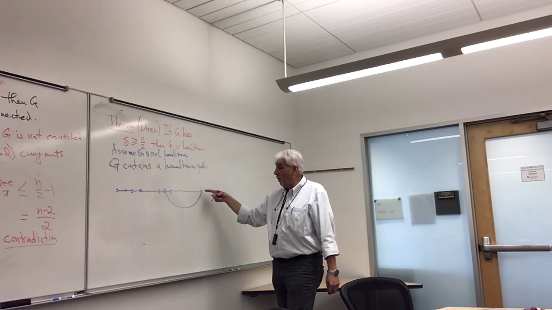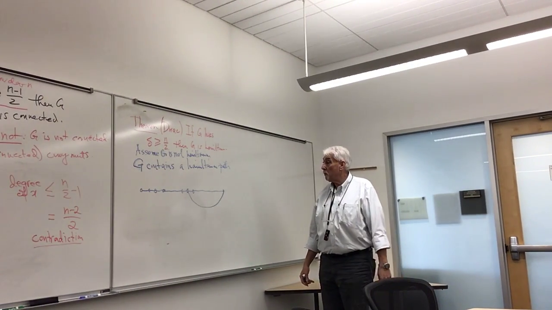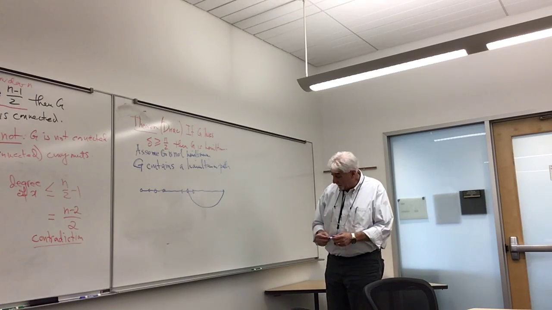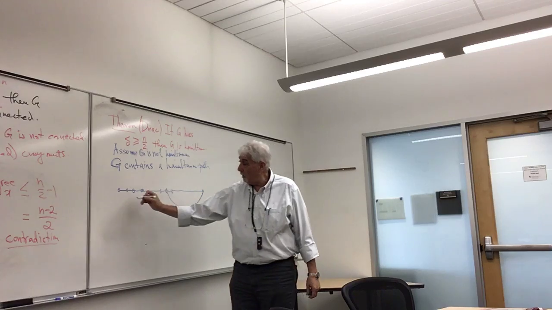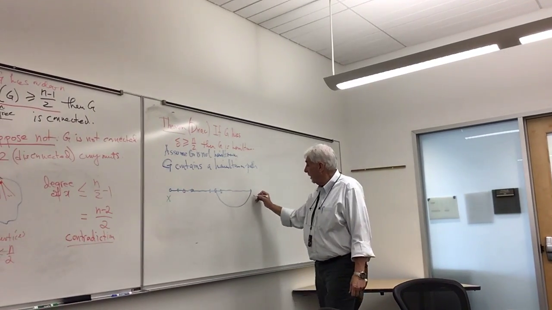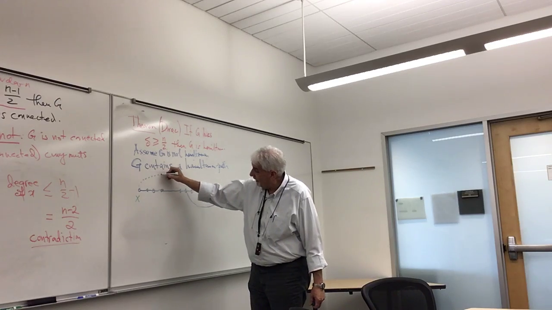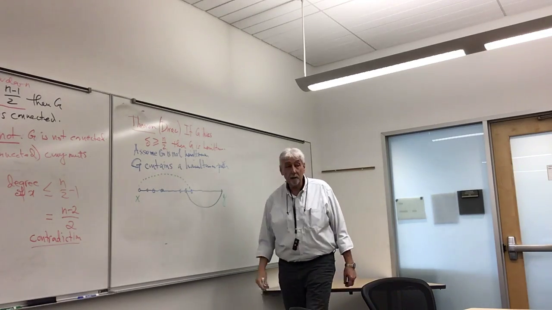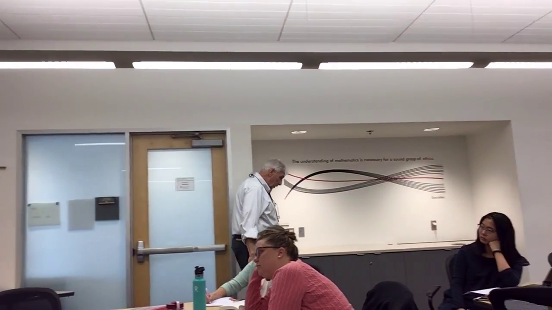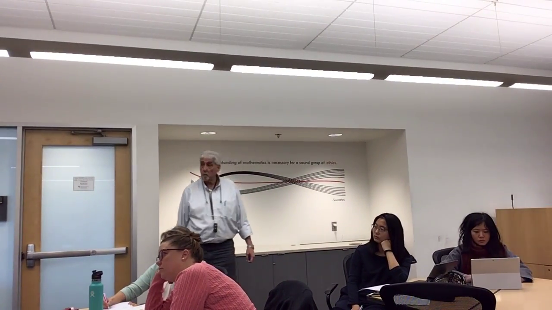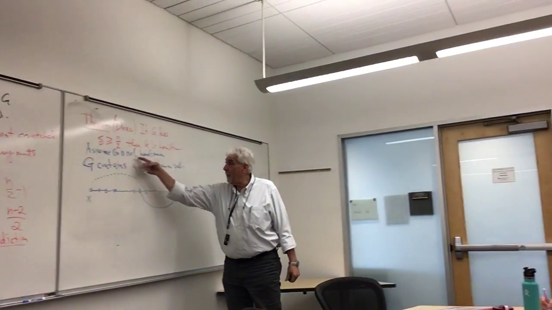All the vertices are here. So I'm going to do essentially the same idea. I have a Hamiltonian path, starts at x, ends at y. And now what can you tell me about this edge? That green dotted thing. What can you tell me about that? Okay, one more time. It's not Hamiltonian.